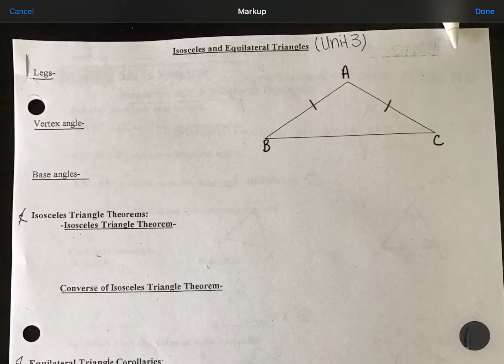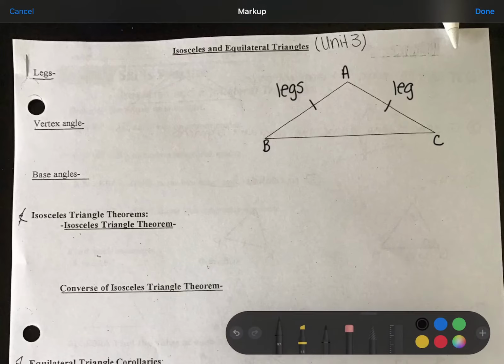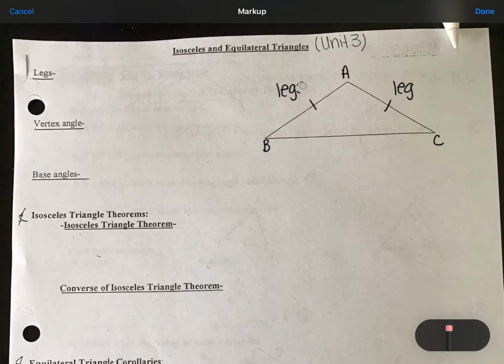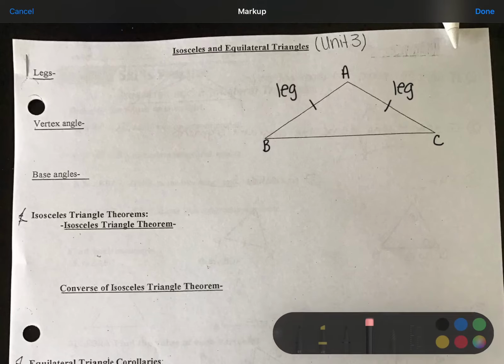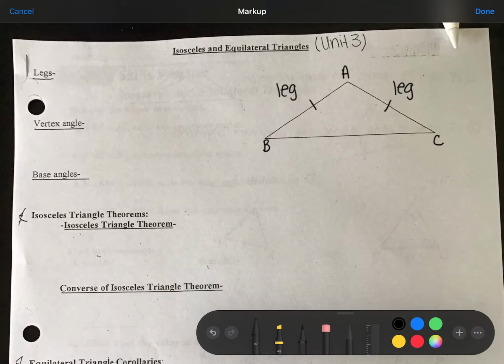This is an isosceles triangle. The two sides that are marked congruent are called legs. I guess that would just be one leg over here. All right, so those are each legs of the isosceles triangle.